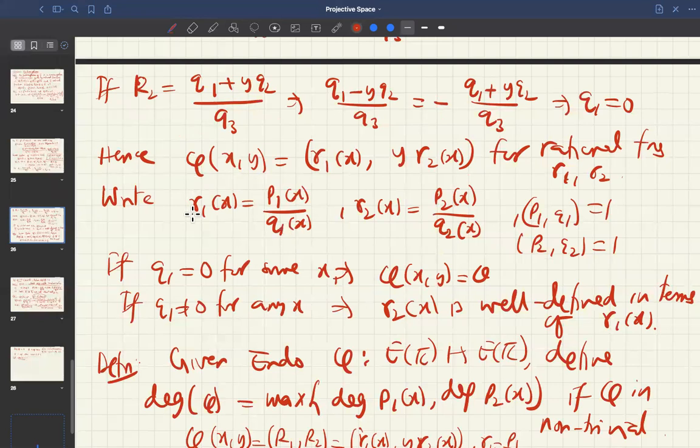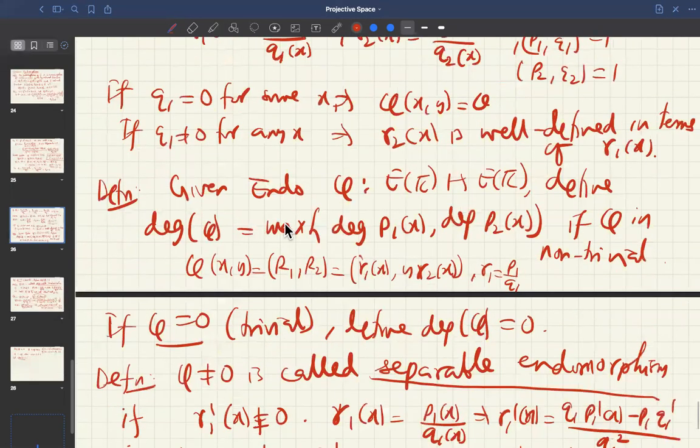The degree of the endomorphism is defined as the maximum of the degrees of p1 and q1. That's how we define the degree. Oh, it's the maximum of P1 and Q1.